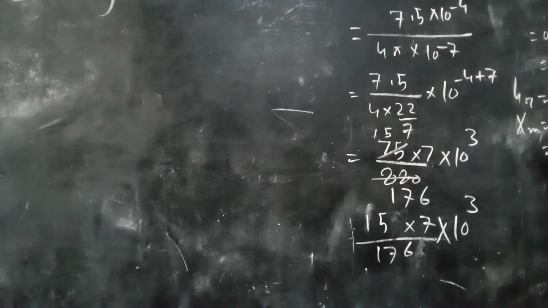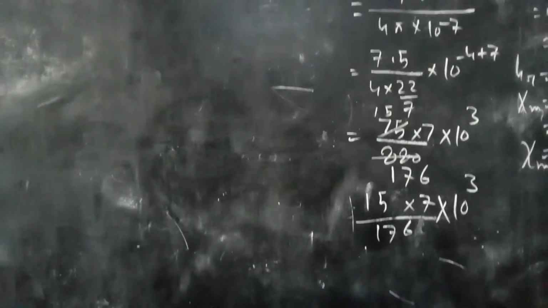So 596.9 minus 1. So you get 595.9. This is your chi.